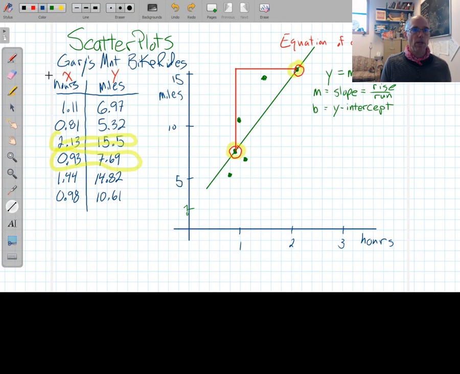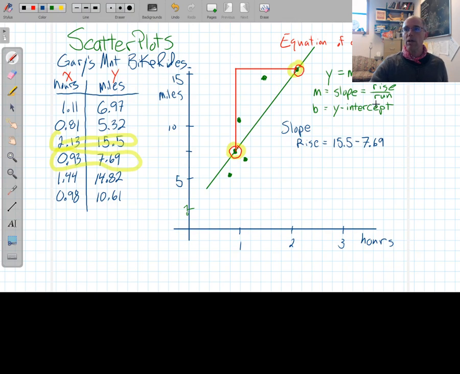Oops, that is not a pen. Let's switch to blue. And for the slope, I'm going to start off by finding the rise. And so the rise is I'm trying to get from that 7.69 number here up to that 15.5 number up there. So what is 15.5 minus 7.69?